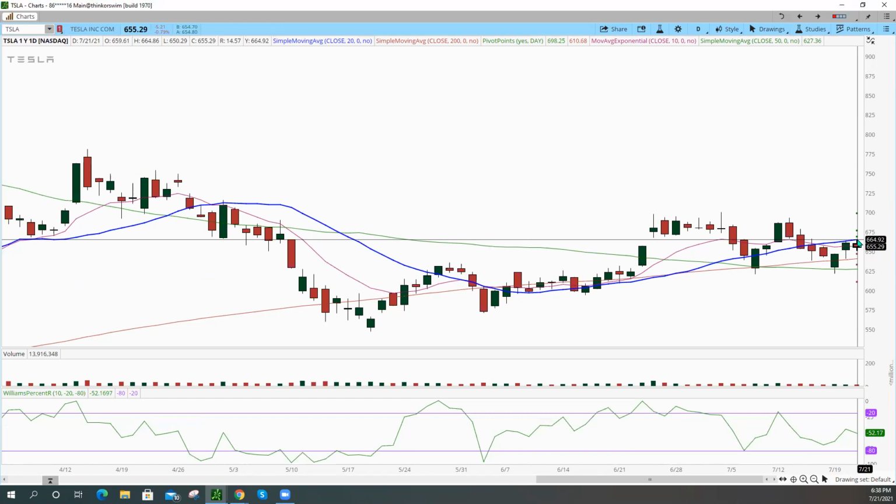If the price would have closed above the 20 simple moving average, the price would have gone higher. So I can tell you right now that today's high was 664.86.